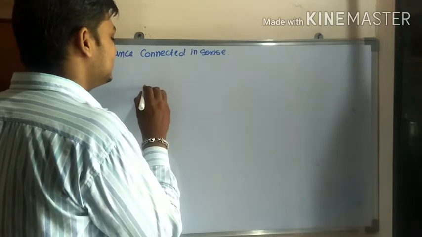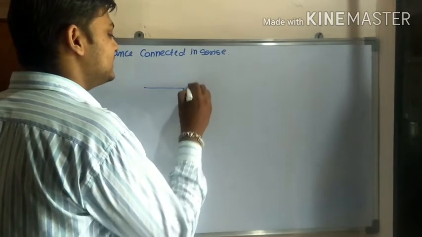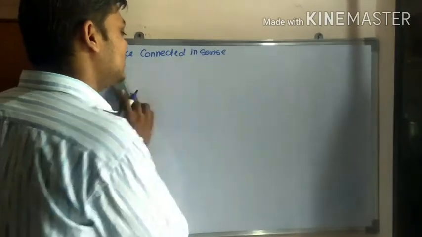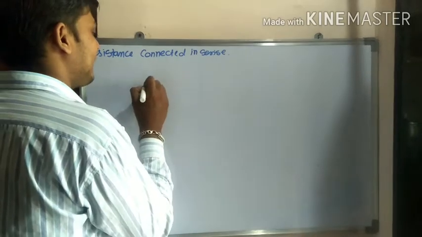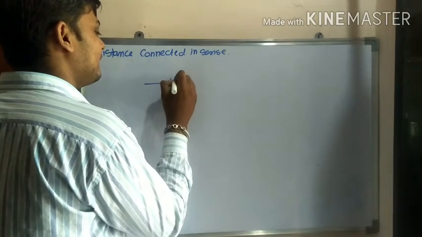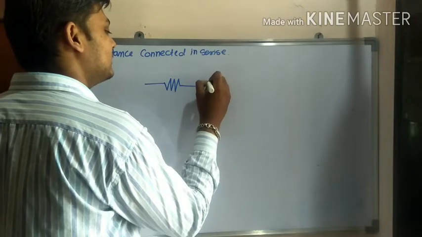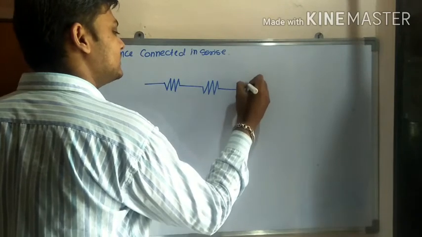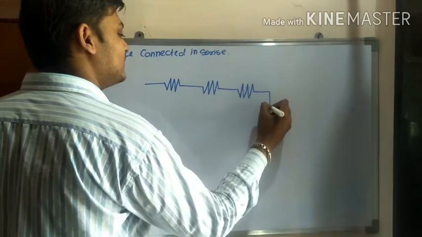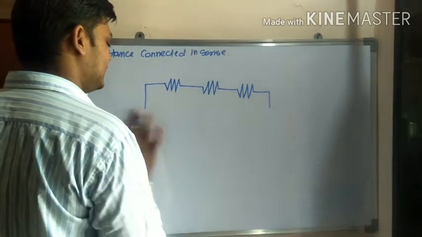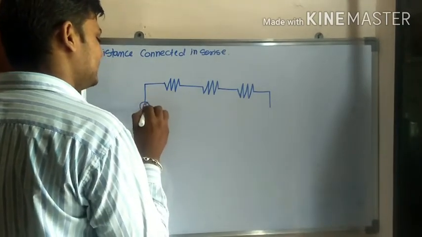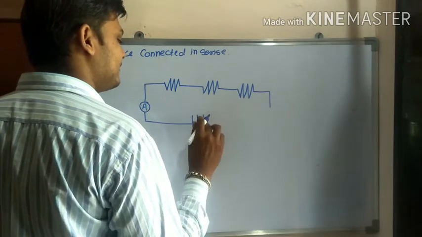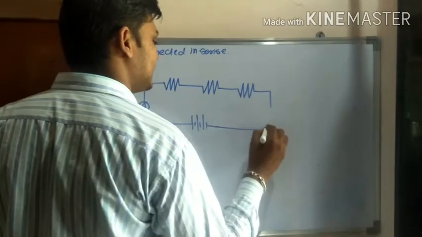See this, students: here is the first resistor, second resistor and third resistor, which are connected to an ammeter, and afterward to a battery.